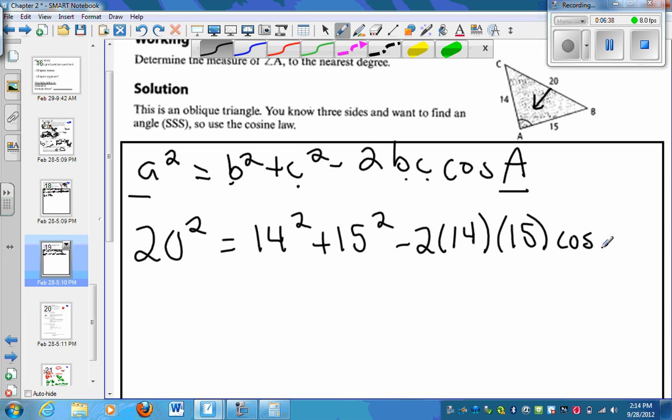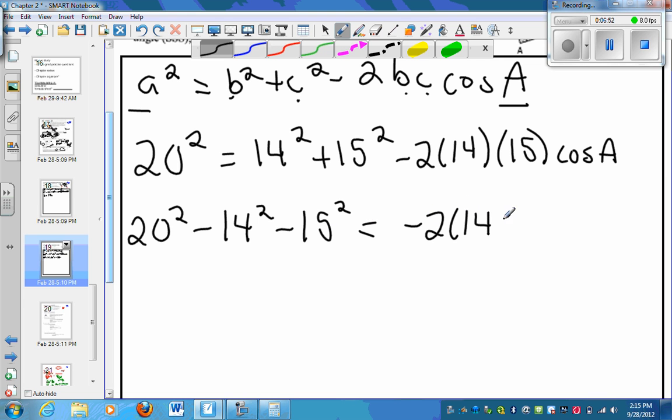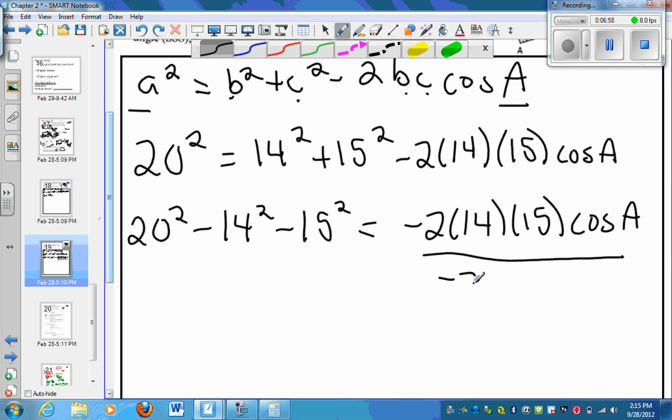I'm going to isolate cos A. Okay, so the first thing I'm going to have to do is subtract the 14 squared and 15 squared. So 20 squared minus 14 squared minus 15 squared is equal to negative 2 times 14 times 15 times the cos of A. Getting cos of A by itself, I'm going to have to divide both sides by negative 2 times 14 times 15.